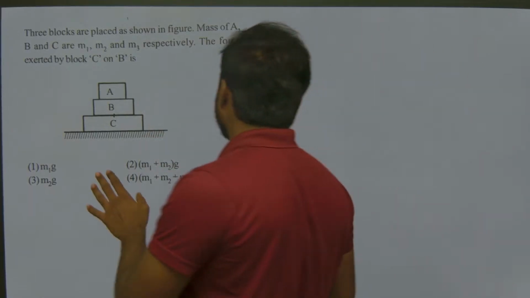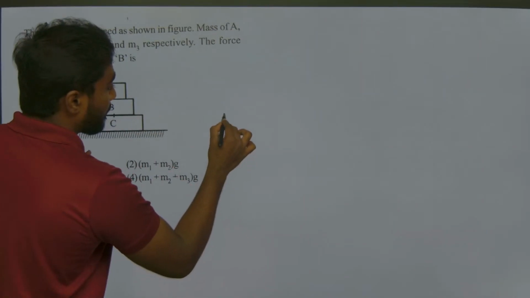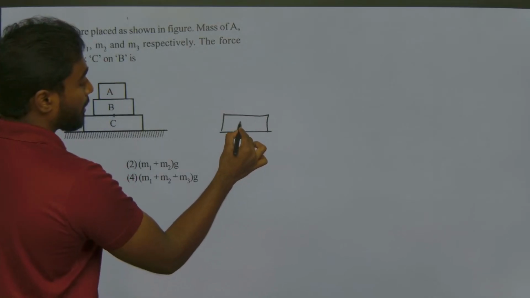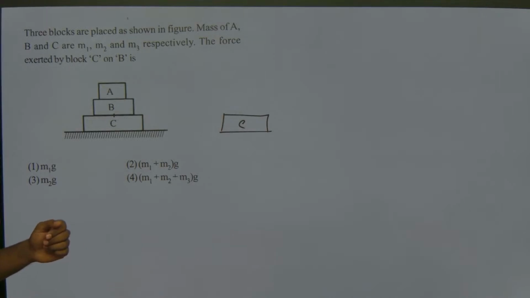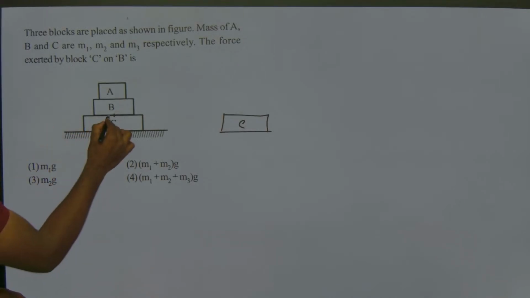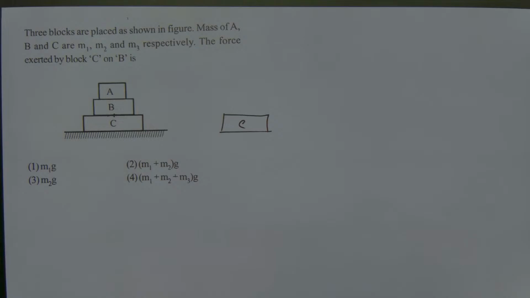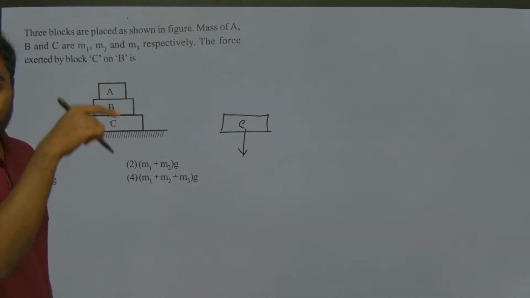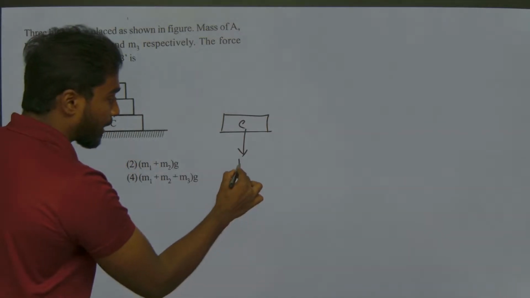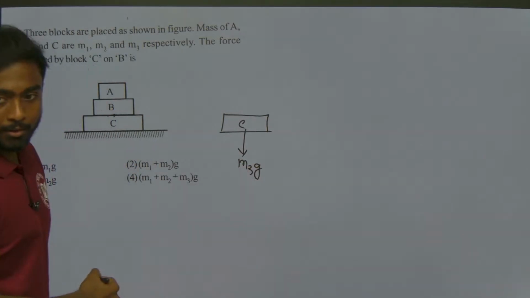If I draw the free body diagram, first I will take block C, which is mass m3. Yes, normal force. Obviously the contact is there, so normal force will be there. One will be my weight towards down, m3 g.